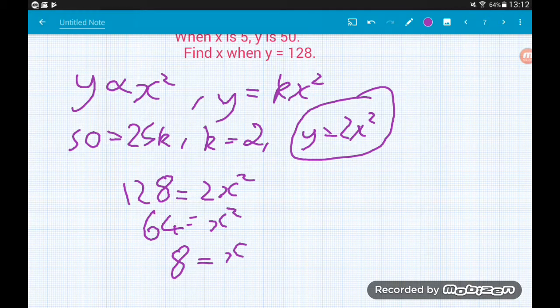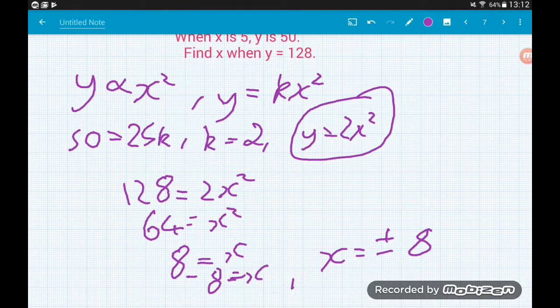So x is equal to 8. Jobs are good. Now we also get another answer there, don't we? Because when we square root, we always get 2 answers. So we could also have minus 8 is equal to x. Or we could just write x equals plus or minus 8. Alright, jobs are good. On with the next.